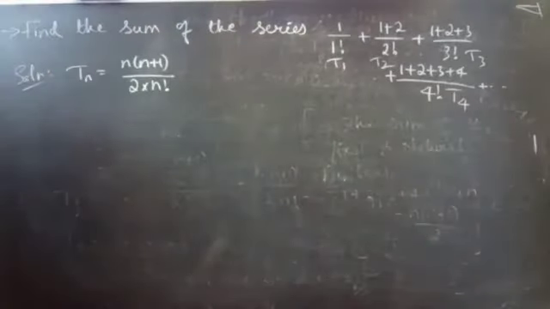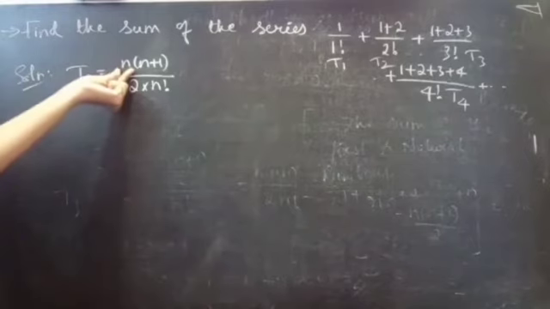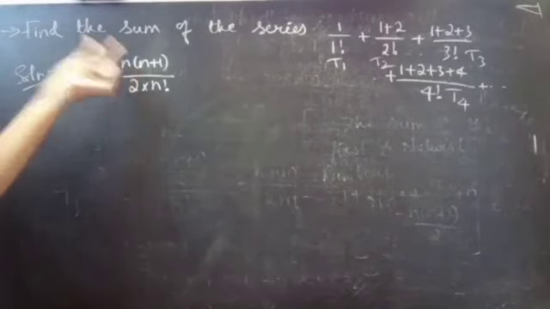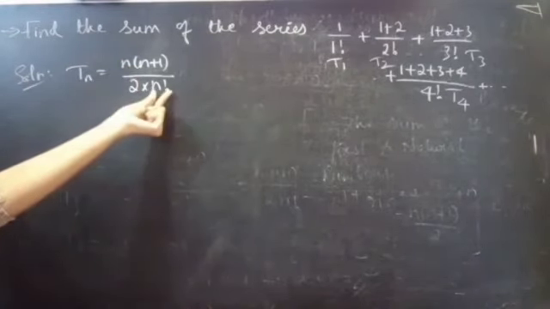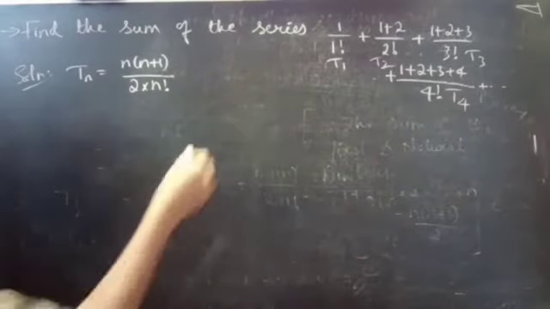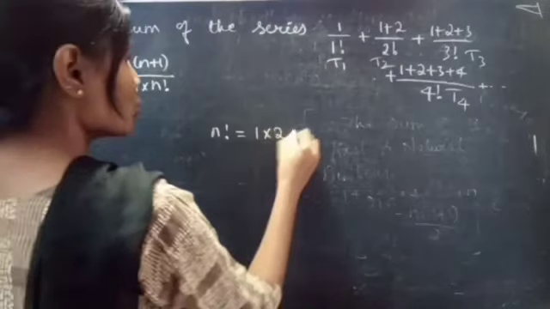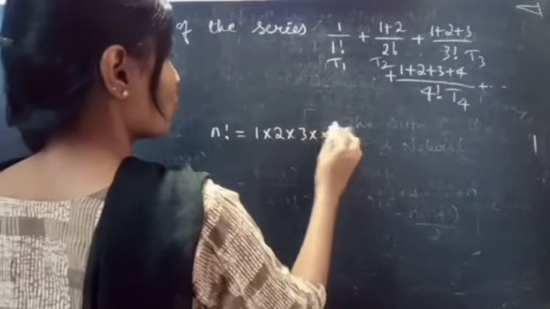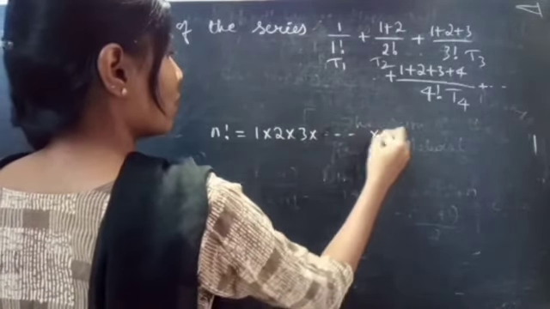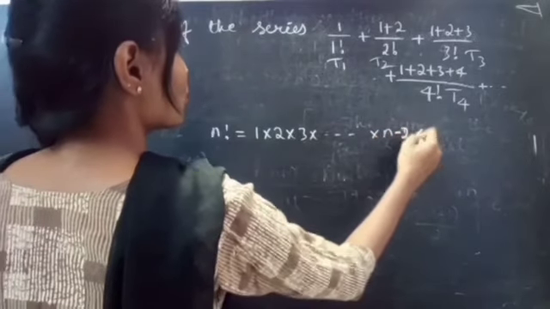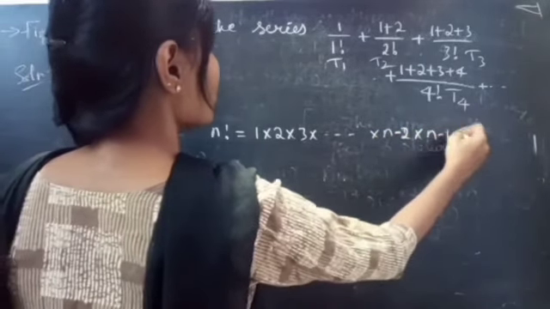In the numerator I'm having n, and I want to cancel this n. So what I'm going to do is write n factorial, since n factorial equals 1 into 2 into 3 into so on, n minus 2 into n minus 1 into n.